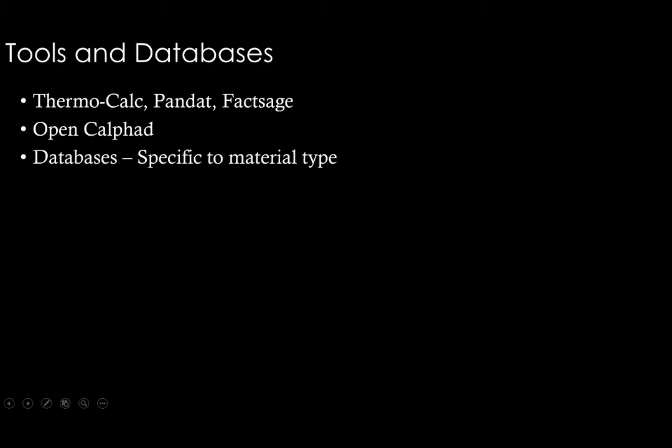The databases that we use are specific to material type. This is very important, because for example, a database which is made for steel cannot be used for predicting thermodynamic properties or diagrams of an aluminum based alloy. So that distinction should be clear.